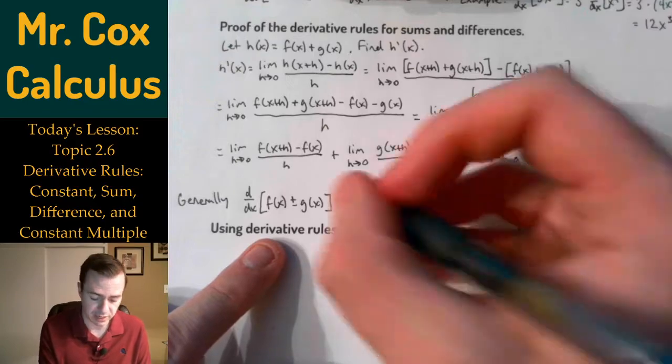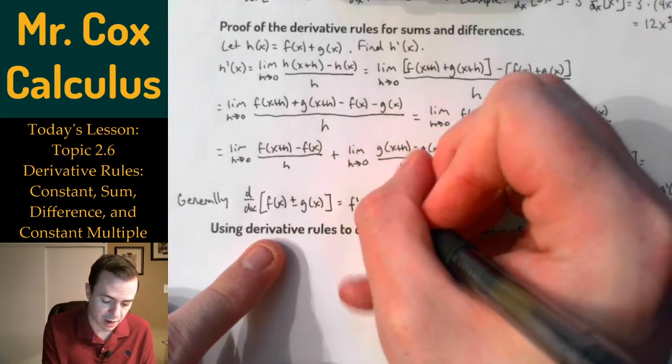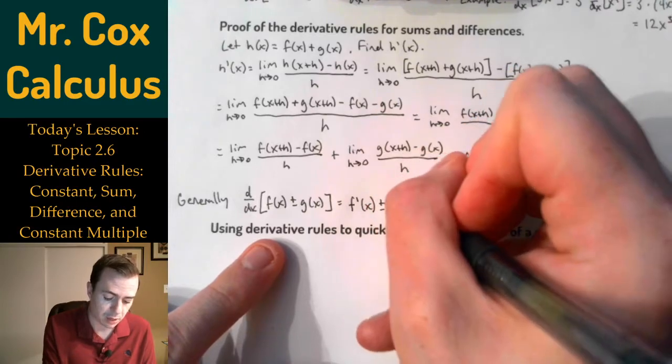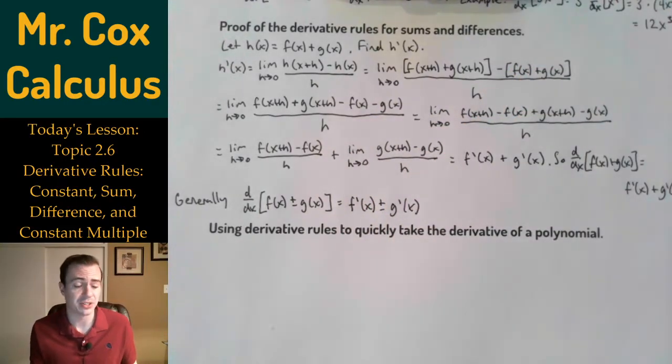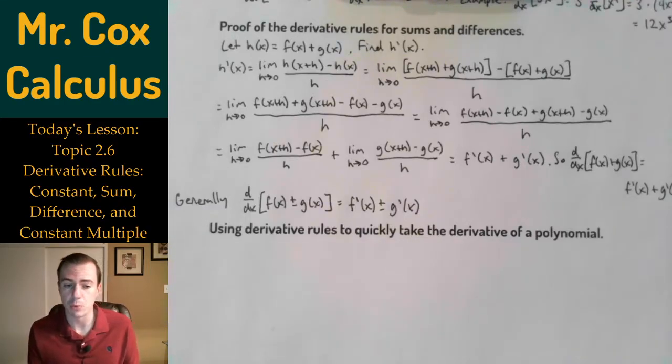If I wanted to take the derivative of, say, 3x cubed plus 9x squared, I can take the derivative of each individual piece, 3x cubed and 9x squared, and add them. We learned how to do that in the previous video.